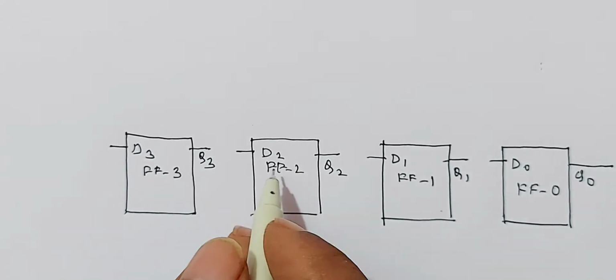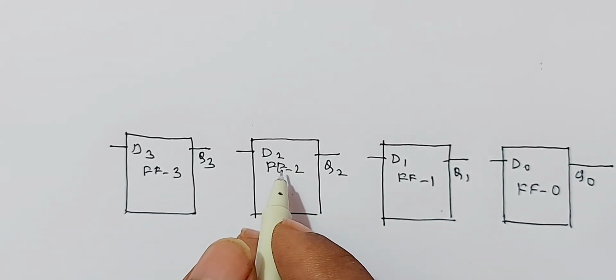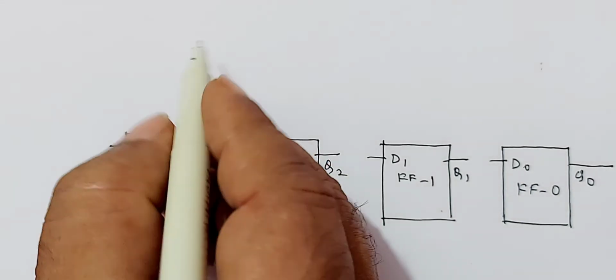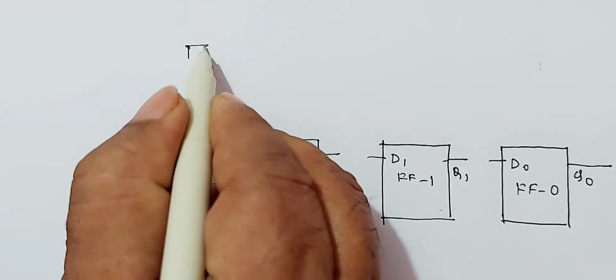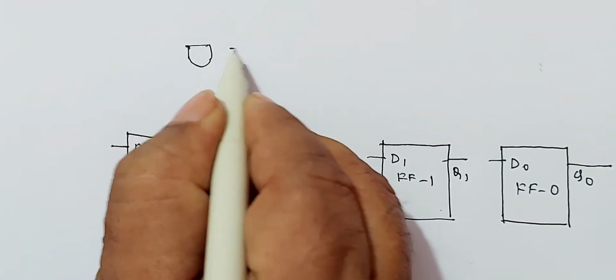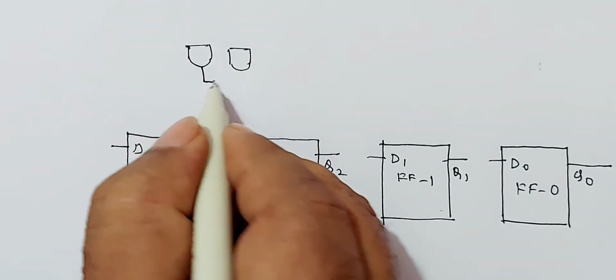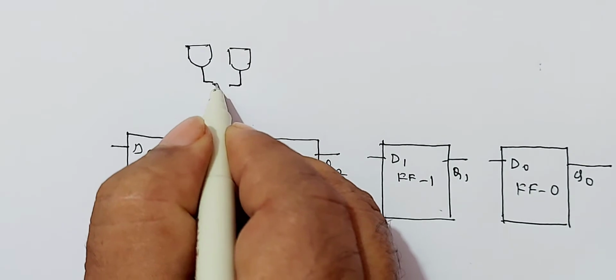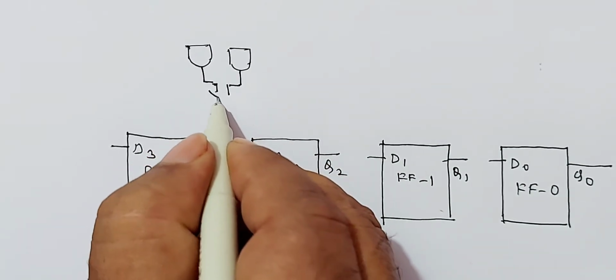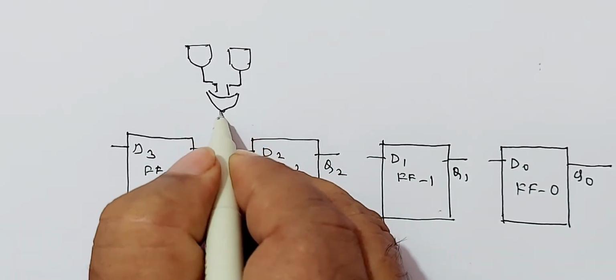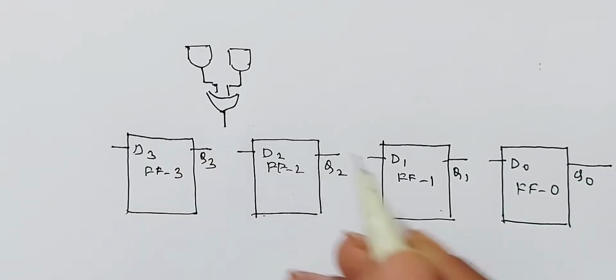Therefore, between these two, draw that sequential logic circuit. I will draw it here: 2 AND gates. The output of the AND gates is taken as the input for an OR gate, and this is the output of the OR gate.